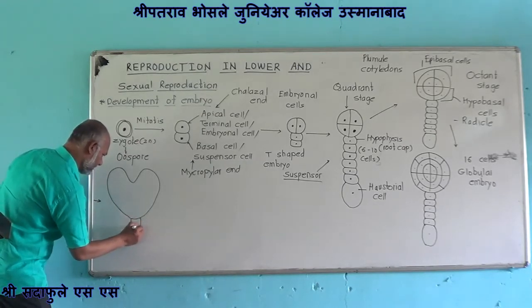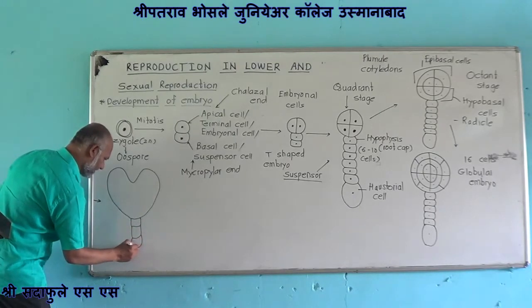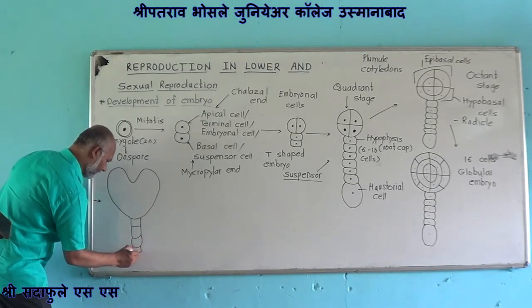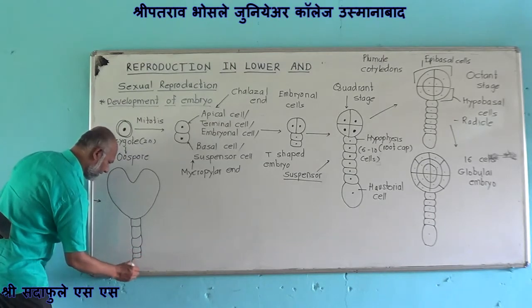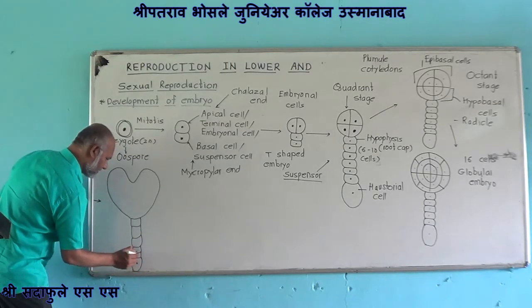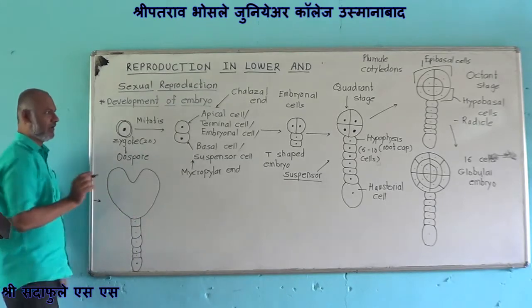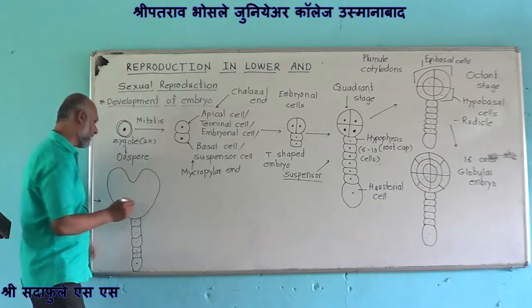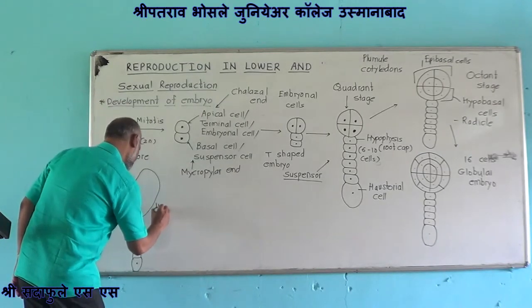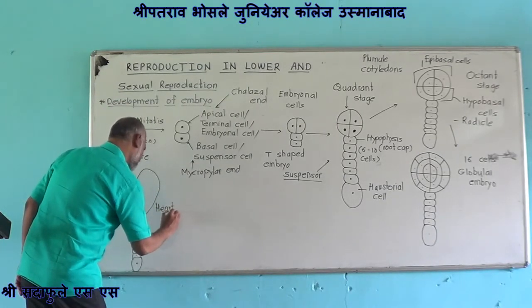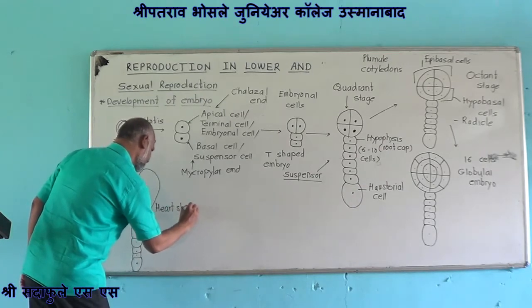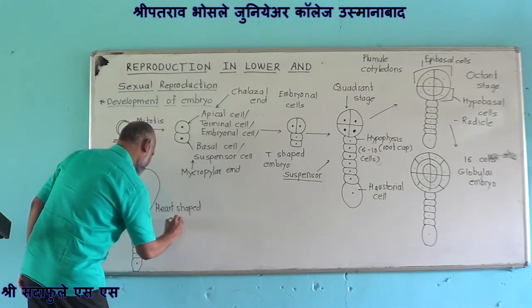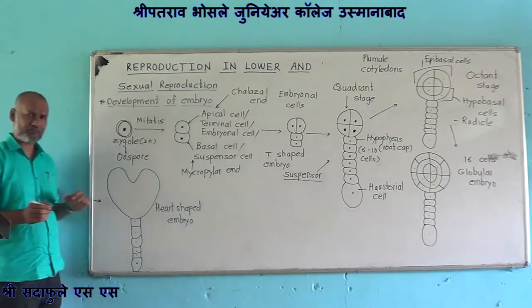Here again, it is the suspensor, and here is the haustorial cell. This globular embryo becomes heart shaped. It is heart shaped embryo.